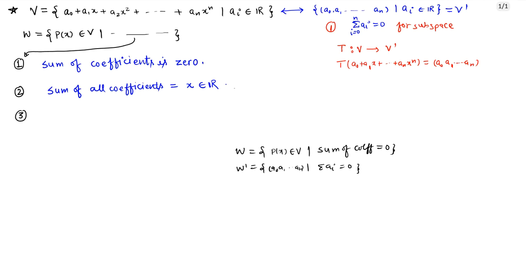So we can define a homomorphism or any mapping from W to W prime. Same mapping. This T is defined from W to W prime. We say W and W prime are also isomorphic. Nothing else. We only define that W and W prime are also isomorphic.